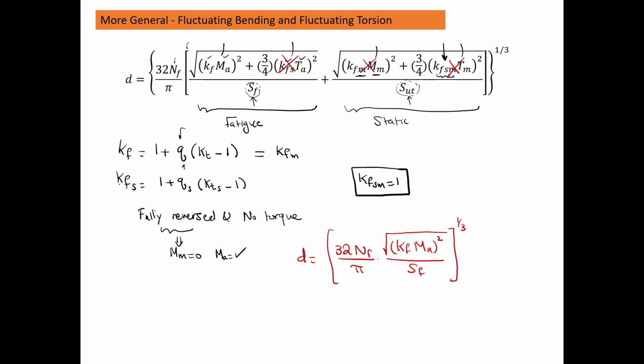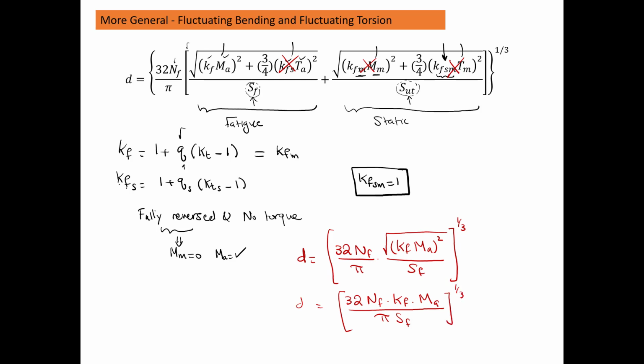If you cancel these two, what happens? Square and square root, they cancel. So we will get 32 times the factor of safety times the stress concentration factor times the bending moment divided by pi strength. So now since we're talking about fatigue, we have fatigue stress concentration factor, fatigue moment, and fatigue strength, and all that raised to 1/3.